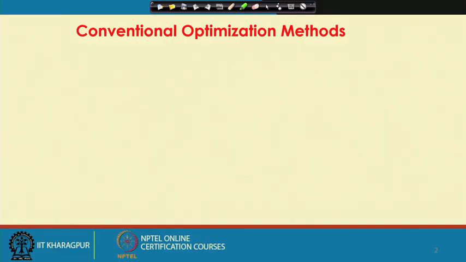Let us start with topic 2 of this course, that is traditional methods of optimization. The traditional optimization methods are also known as the conventional optimization methods.